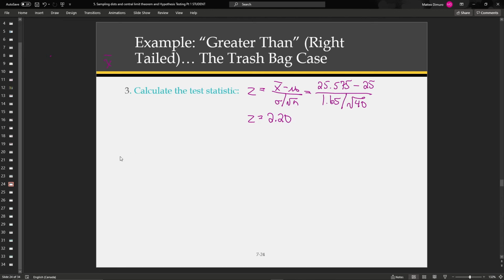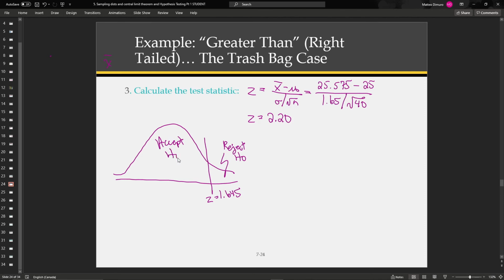Now, it's very important that you actually draw a picture for hypothesis testing. It's one of the best things you can do because it helps you figure it out. So remember, this is the rejection region. So we reject H0. This was the Z value that we looked up, 1.645. On this side, we accept H0 over here.